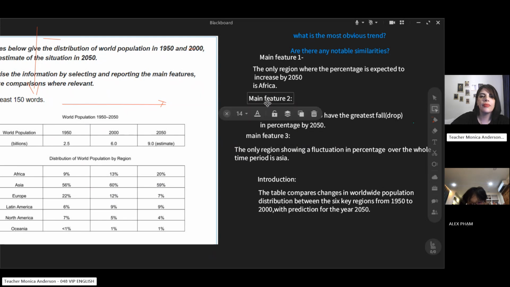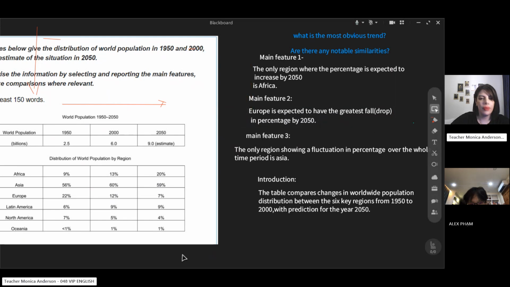According to the tables, Africa is the only region where the percentage is expected to increase, while Europe is expected to have the greatest drops in percentages by 2050, and Asia is the only region showing a fluctuation in percentages over the whole time period.